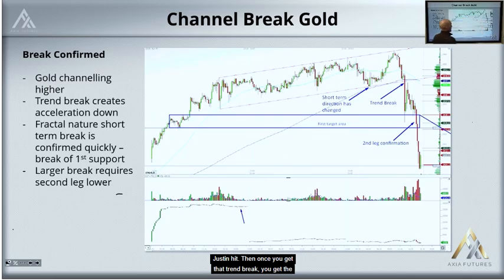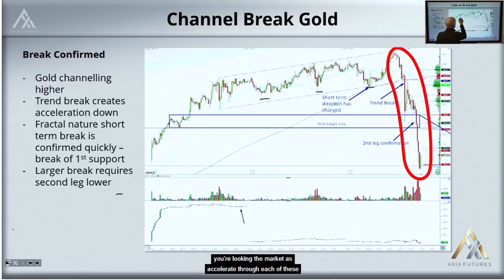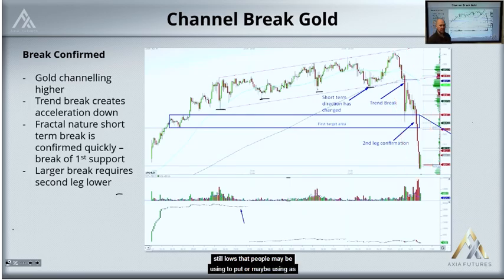Then once you get that trend break, you get the acceleration down. And like I talked about with the cable example, you've got these points of reference to be looking for. You're looking for the market to accelerate through each of these lows. Now, yes, these aren't part of the trend, but they're still lows that people may be using as support. People might buy on them and get stopped out as the market falls.